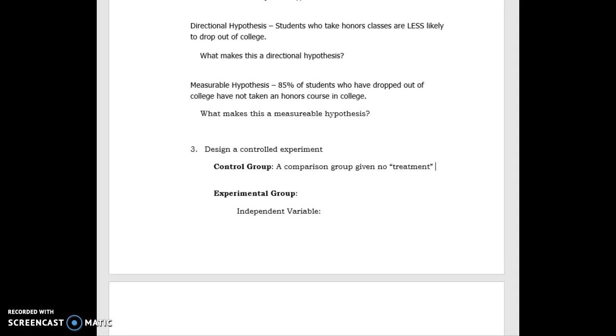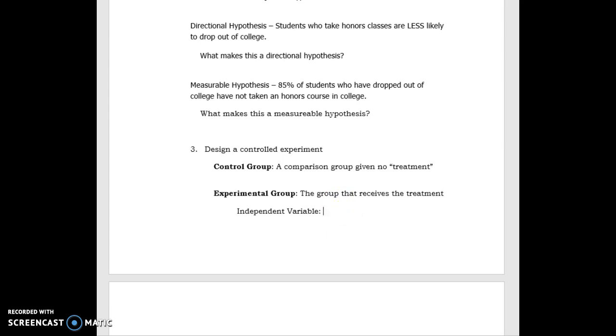The purpose of running an experiment would be to say, what does this specific treatment do to the outcome? The experimental group would be the group that receives the treatment.